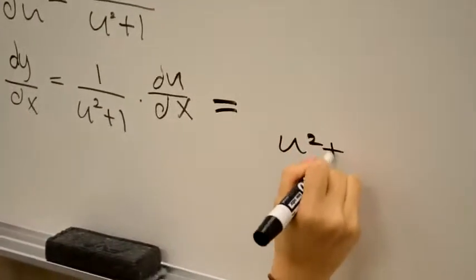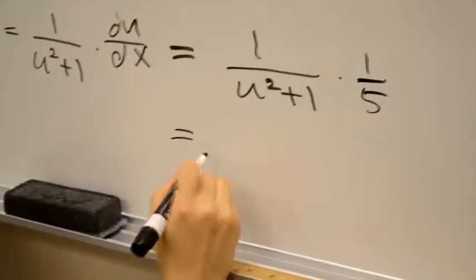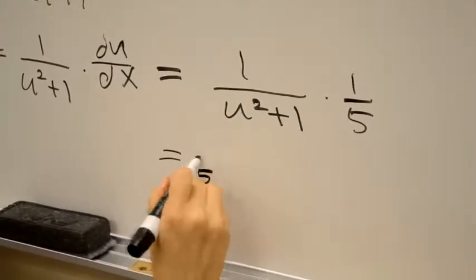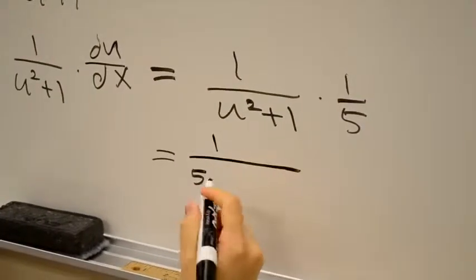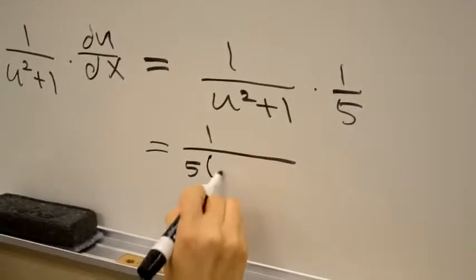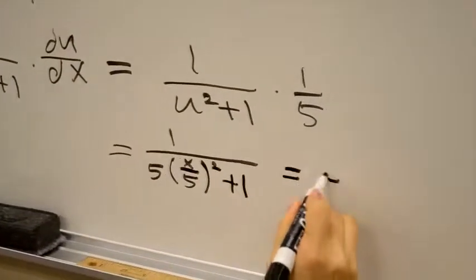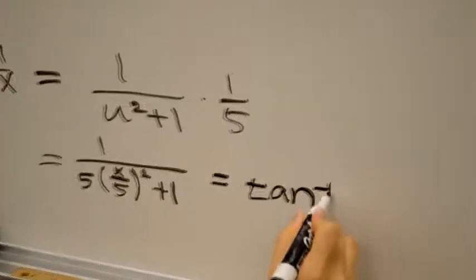So we're going to multiply that by that equation and plug the x equation into the u place again, which is going to be x over 5 squared plus 1.